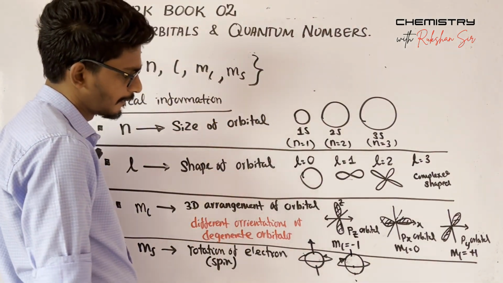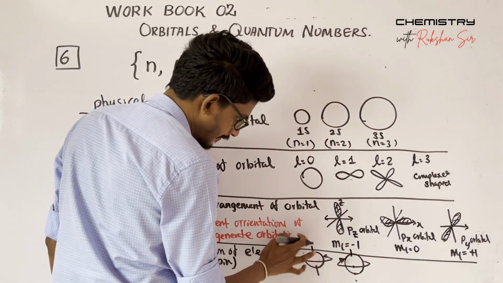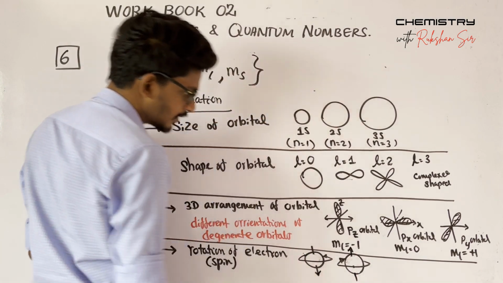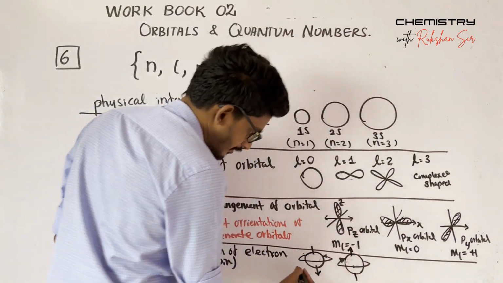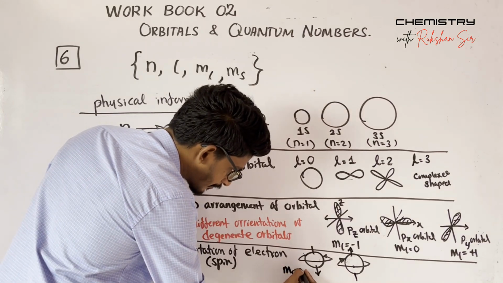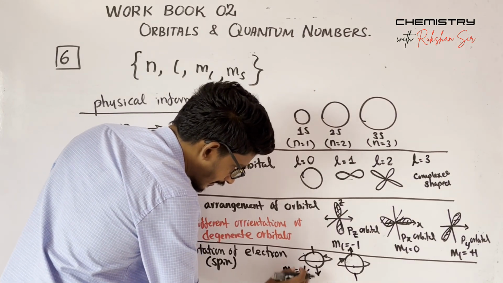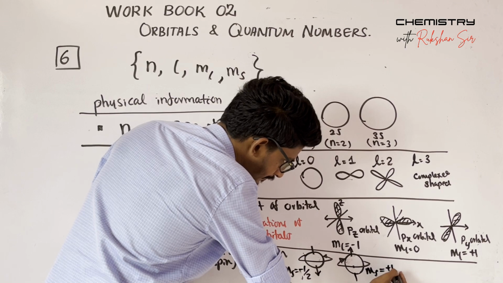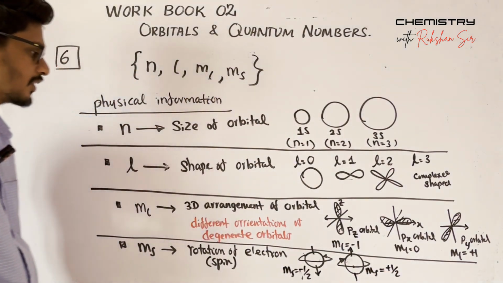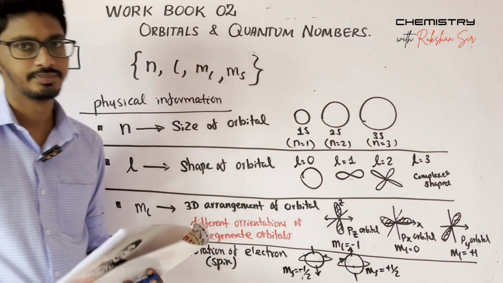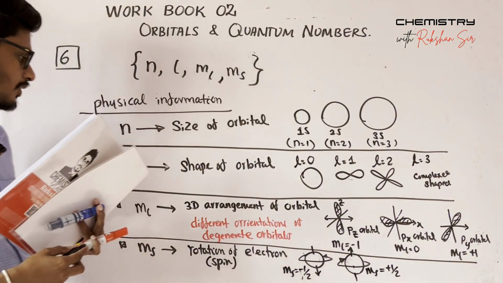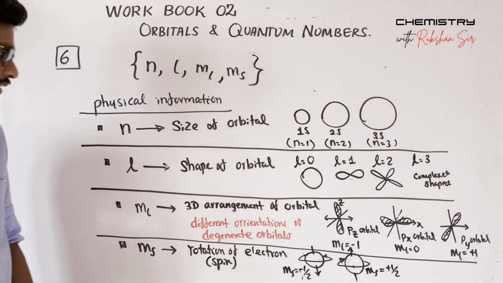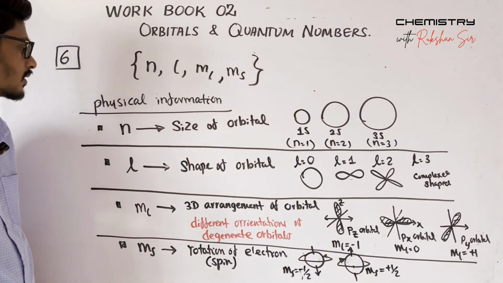So plus half and minus half. The ms values give us the spin of the electrons. Those are the physical ideas about the quantum numbers.